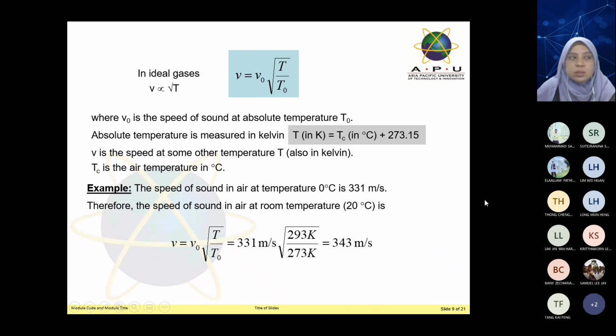Therefore, the answer is 343 meters per second. Okay, understand the calculation? Simple, right? Just put in the formula only.